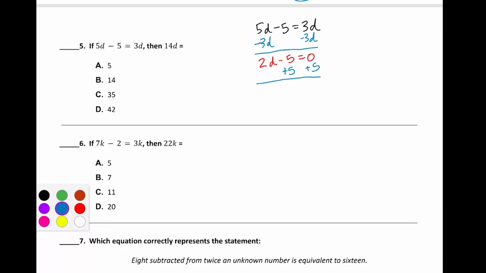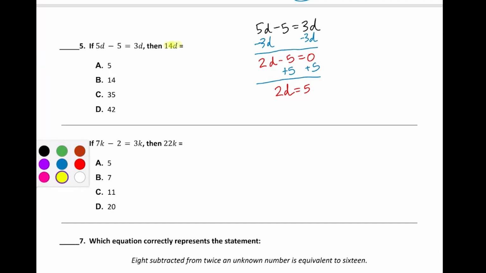Now from here, you get 2d equals 5. And what you could do is divide both sides by 2 to get 2.5. But I'm actually going to just stop here because we are trying to find 14d. And 14d is 7 times 2d.